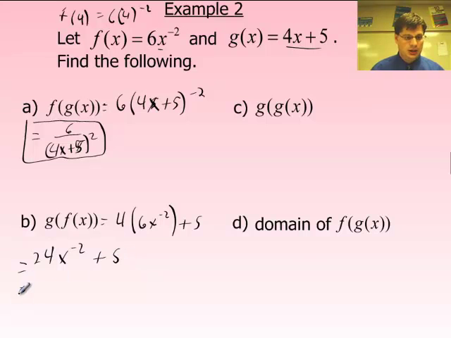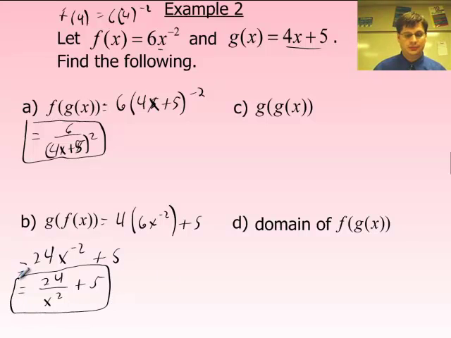And as I said earlier, only the x drops into the denominator because the negative 2 is only on the x, so 24 over x squared, plus 5, like so. And that would be my simplified expression.